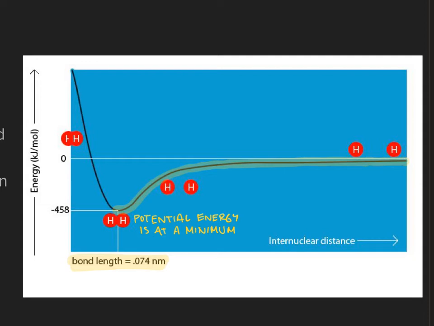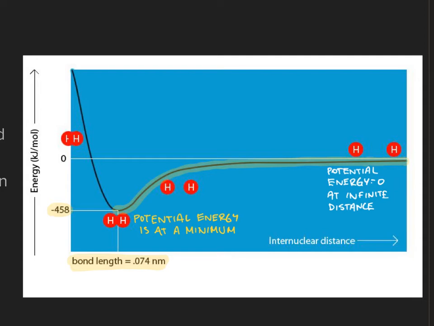And you'll notice that compared to completely separated atoms, who by definition have a potential energy of 0 relative to one another, when we move those hydrogen atoms close together at that bond length of 0.074 nanometers, the potential energy of the system is 458 kilojoules per mole lower than it would have been had the atoms been completely separated from one another. So that's the minimum potential energy point of the system, the distance at which the bonding occurs.